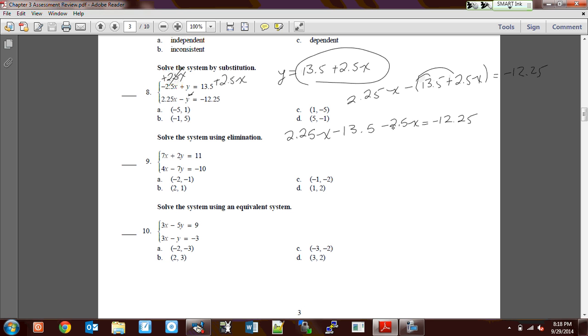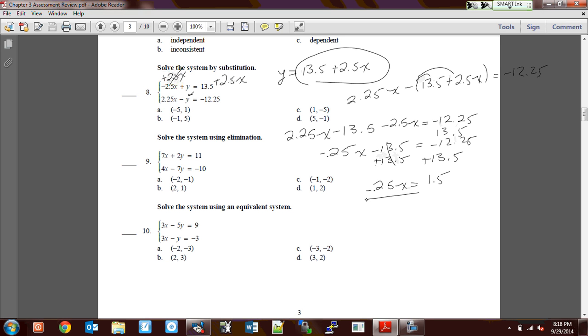Combine like terms. So this would be negative 0.25x minus 13.5 equals negative 12.25. Add the 13.5, plus 13.5. So that is negative 0.25x equals 1.25. So that would be what?